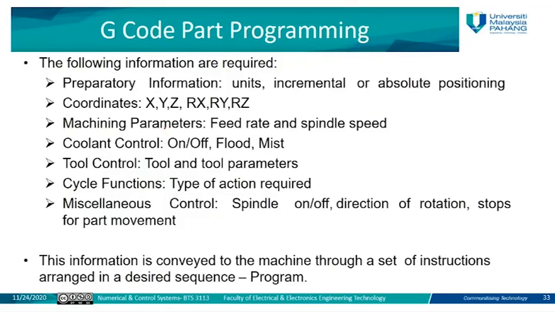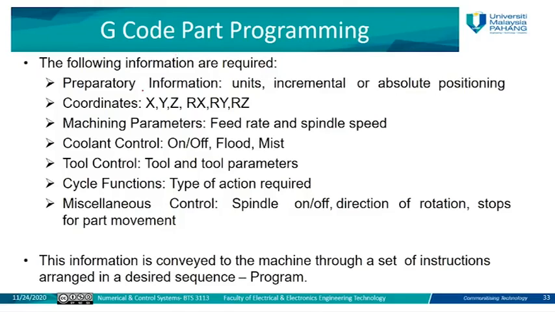So here, the following information is required, as we already mentioned. This is the same required information either if you want to write G code for part programming or, in general, for NC part programming.